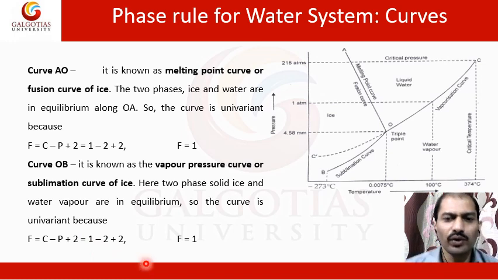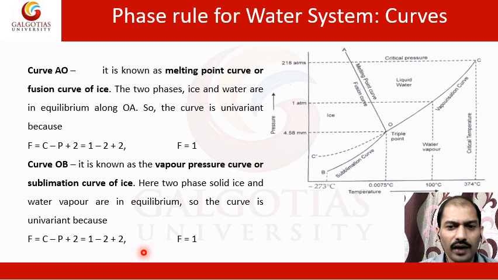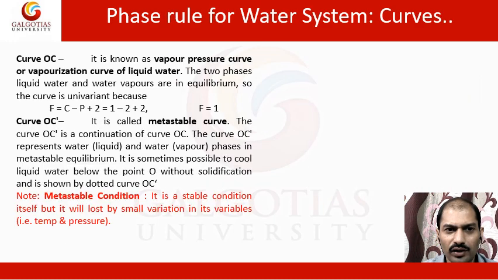But the terms will be the usual meanings: phase, component and degrees of freedom. So here, for the sublimation curve OB, the degree of freedom can be found to see whether it is univariant or not.